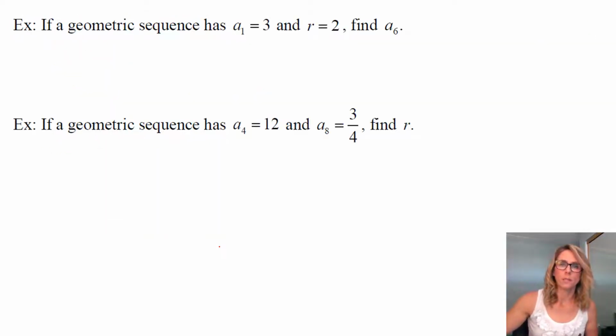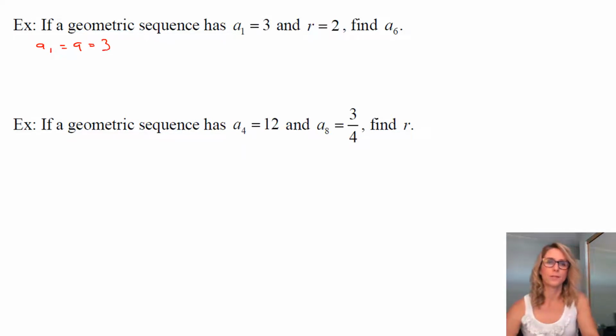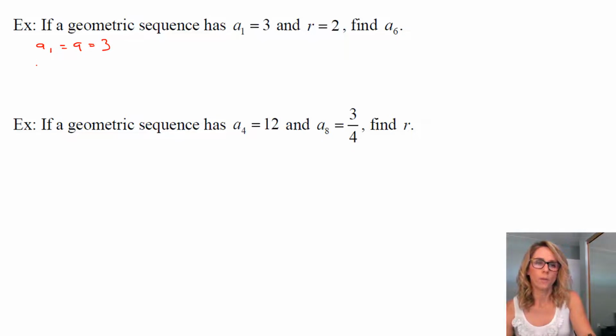So if a geometric sequence has a sub 1 equaling 3 and r equals 2, find a sub 6. Remember, if you're given a sub 1, that is your a, and that is super helpful. That's all you need. And then you also have your r, which is 2.